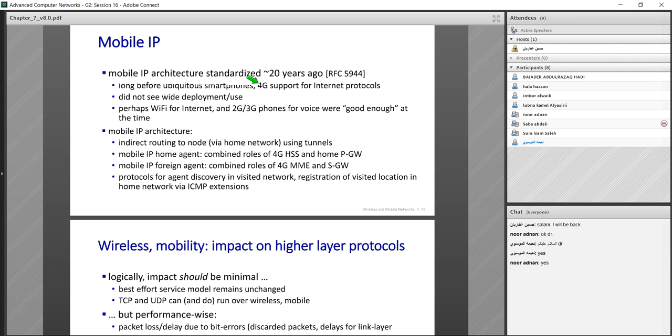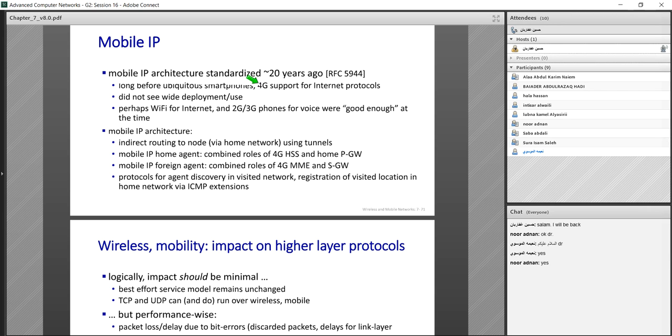When we talked about, for example, a 2G network, the backbone of a 2G network consists completely of telecommunication network protocols. Even in 3G, most of the backbone is still telecommunication protocols.